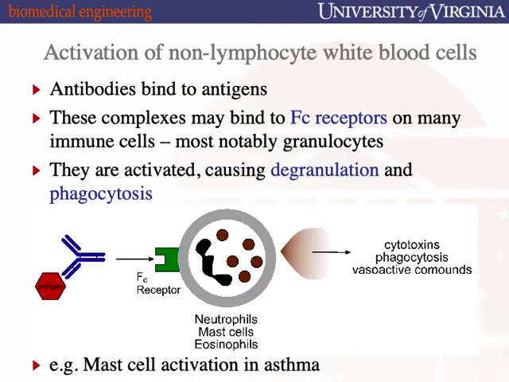All right, so how do you activate a lymphocyte, or a phagocyte, right? In this case, this cartoon is wrong. Okay, one antibody binding to one Fc receptor. In the case of macrophages, neutrophils, and mast cells, they have what's known as an Fc receptor.